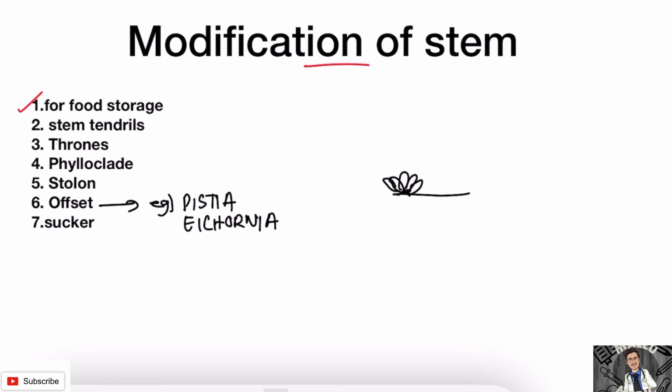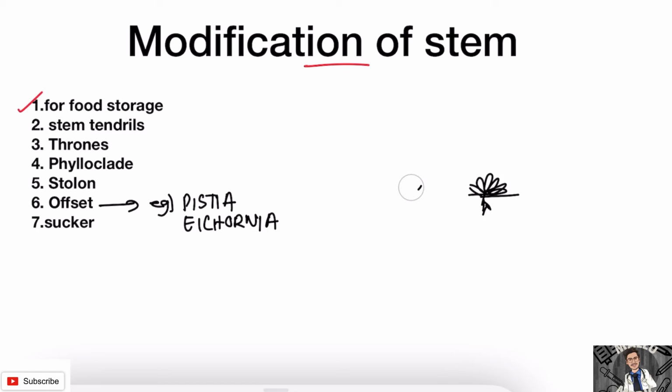So you have several nodes together in a cluster, and then the internode is large, and you have another cluster of nodes far by. This type of modification of stem is known as offset, and it's seen in pistia and eichhornia.